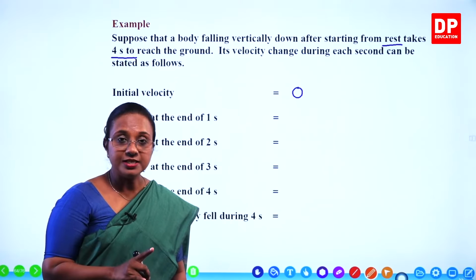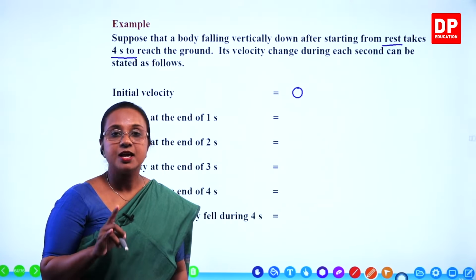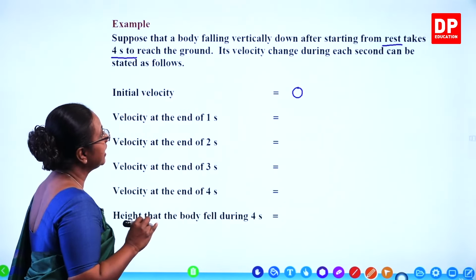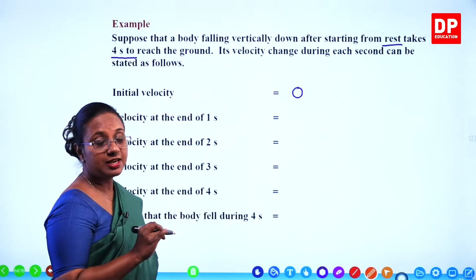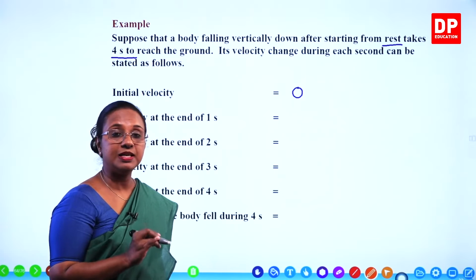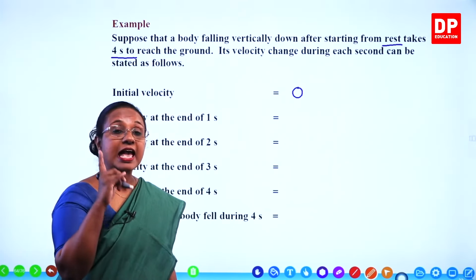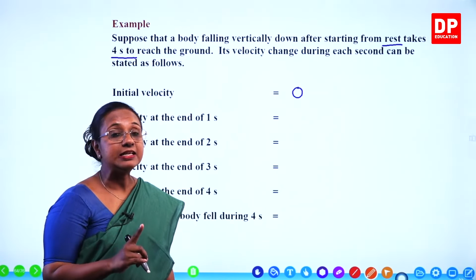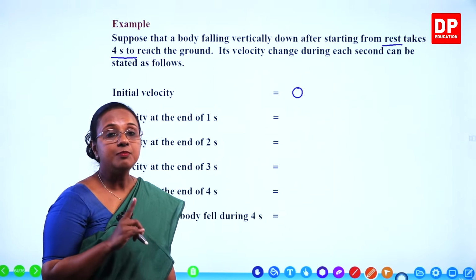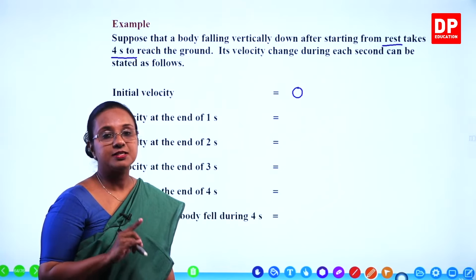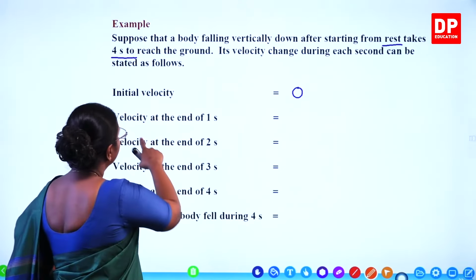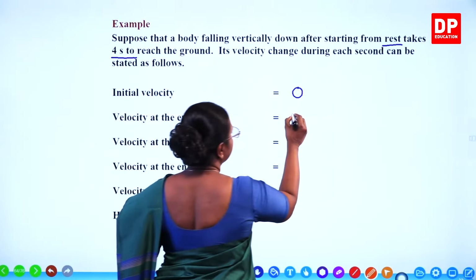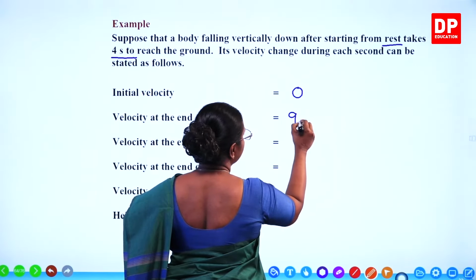The value is 9.8 meters per second squared. So, when we say gravitational acceleration is 9.8 meters per second squared, every second the velocity increases by 9.8 meters per second.